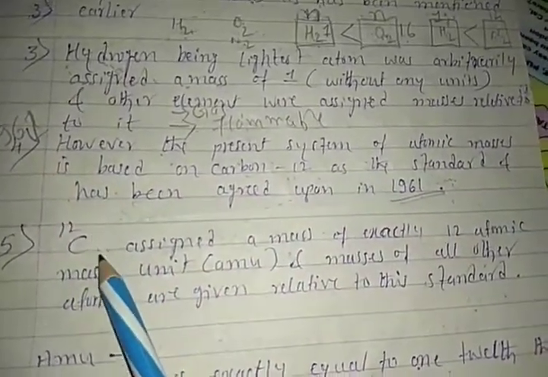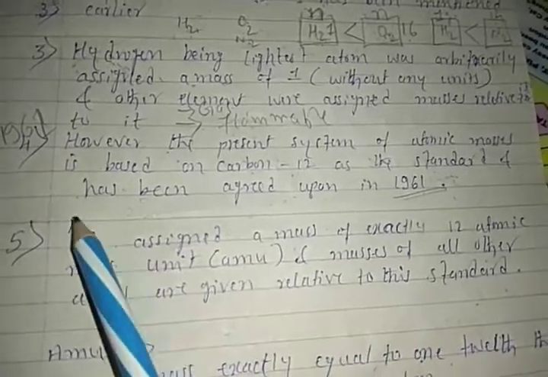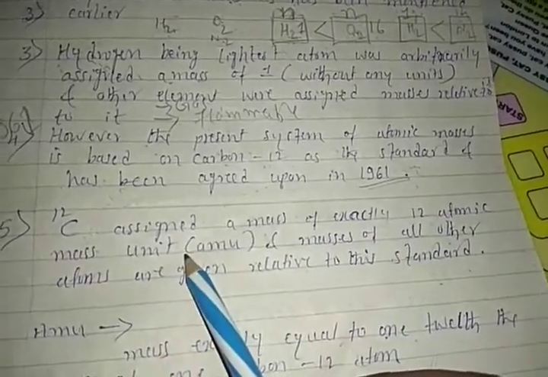Right, students. So the atomic mass of carbon-12 is 12. Carbon-12 is assigned a mass of exactly 12 atomic mass units.